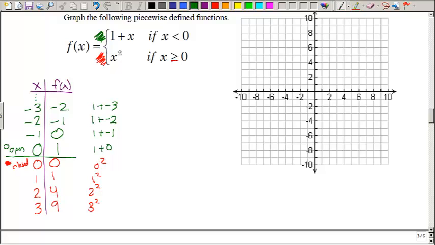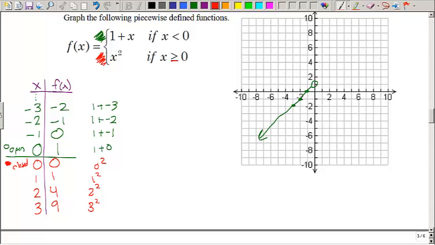And then I'm going to plot those two functions. So to graph my green piece, I'm going to plot (-3, -2), (-2, -1), (-1, 0), and (0, 1). But when I get to (0, 1), make sure you put a nice large open circle there so I can see right through it. And I can tell that this piece looks like a straight line.